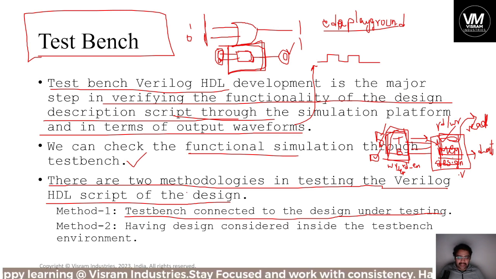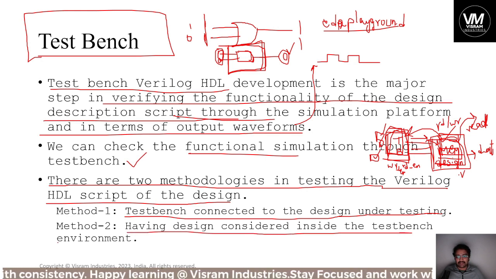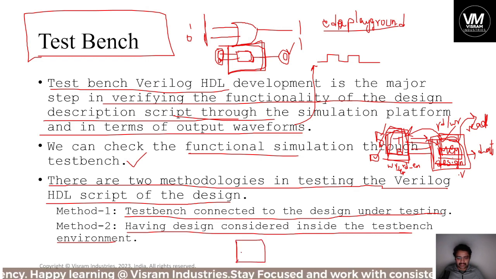And another kind of test bench simulation is, we attach a verification script or verification module to this memory design, and the entire primary design is instantiated into it. The second method is having the design considered inside the test bench environment. Whatever memory design you have, let us call it mem.